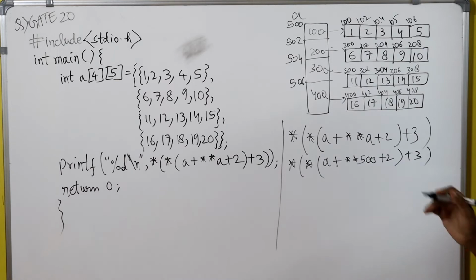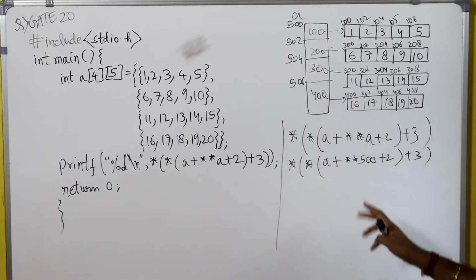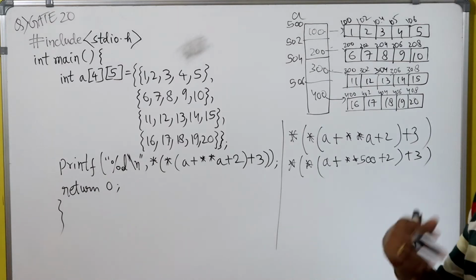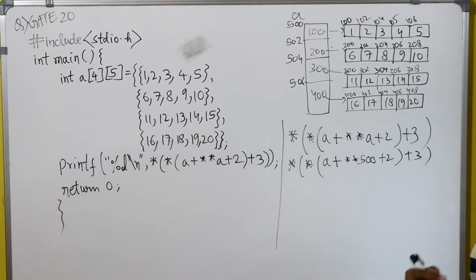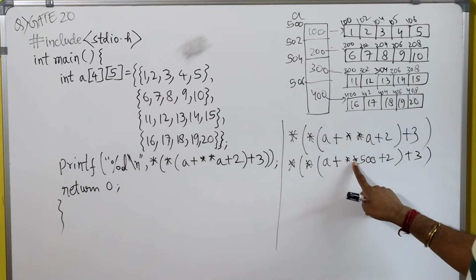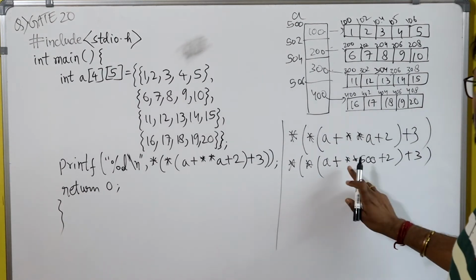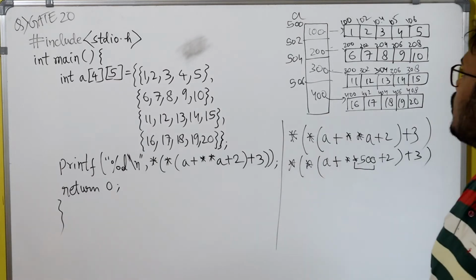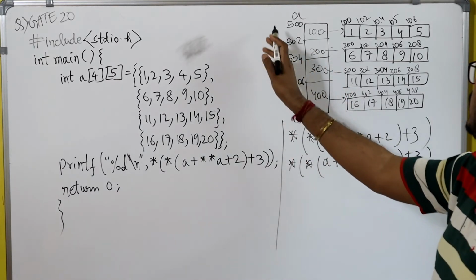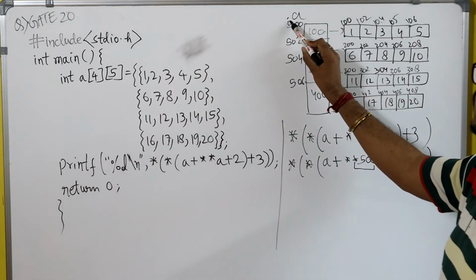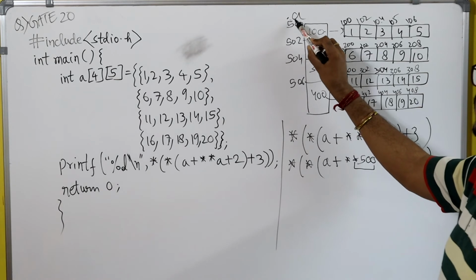I hope it's visible. So star of 500. I've already told you that in case of a 2D array, in order to access an element we need 2 stars. First this star will work, then this star. So let's solve this part: star of 500. Initially we are standing here, and star of 500 means we move inside this.